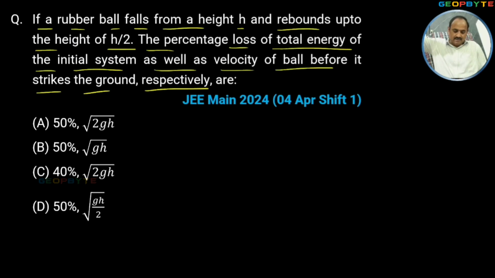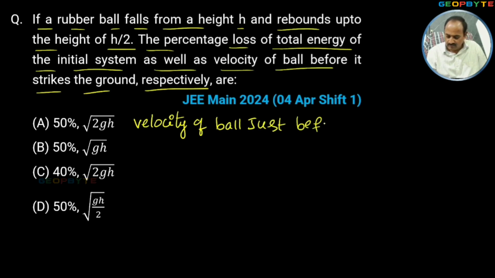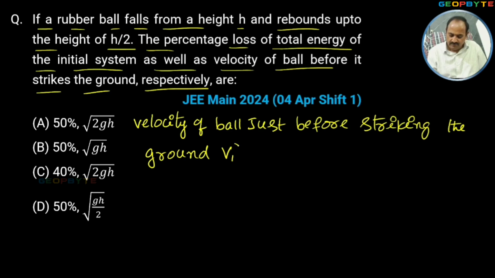Here a rubber ball is dropping from a particular height h and it is rebounding to h by 2. Then the velocity of the ball just before striking the ground, let that be v1, is equal to root under 2gh.